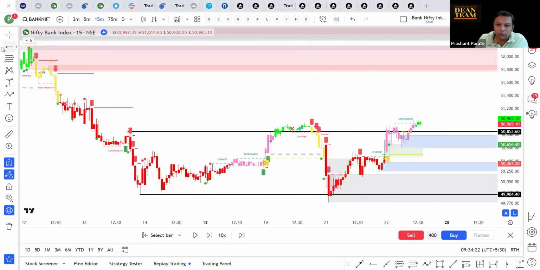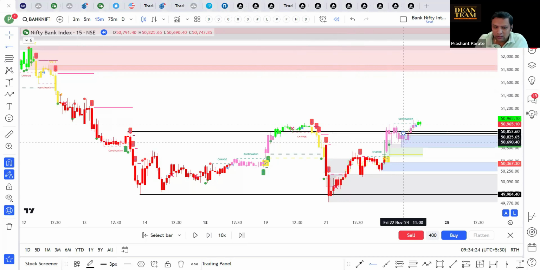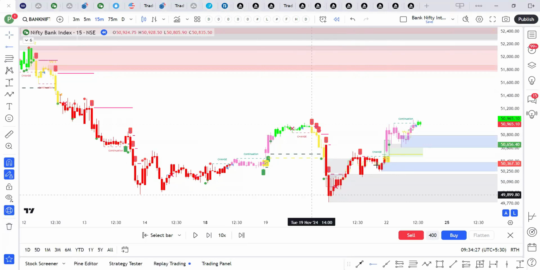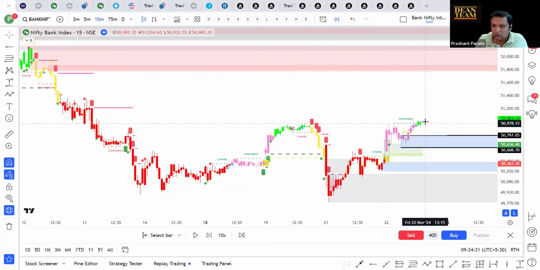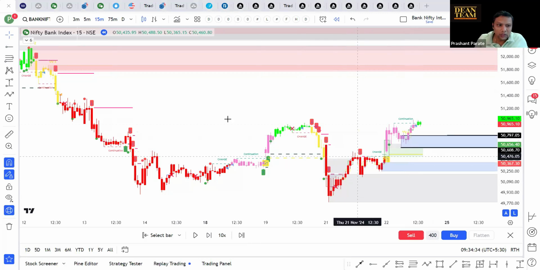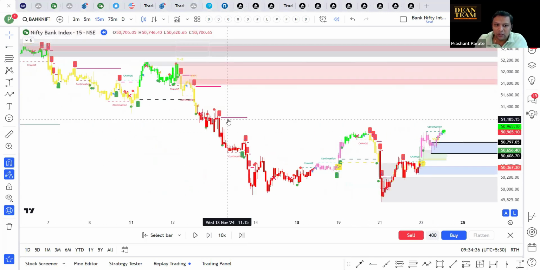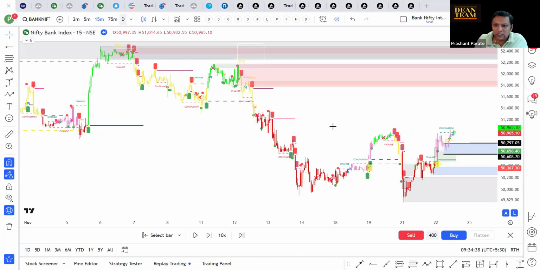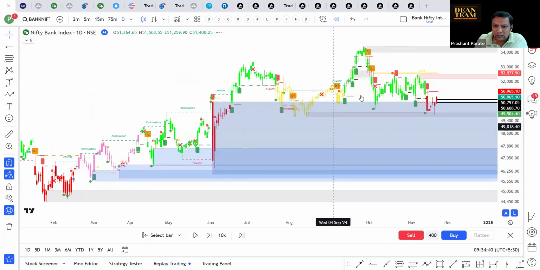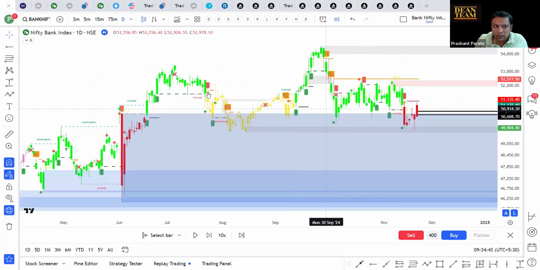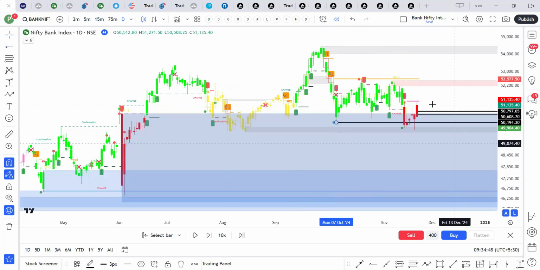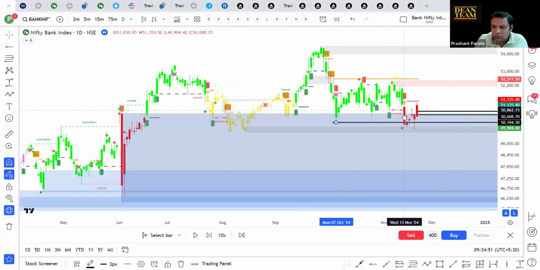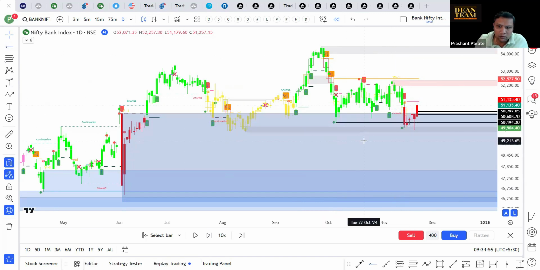Now, if you get an opportunity to buy here in this buying area and keep your stop loss below this, and if from here prices start moving in your direction, because what was expected on the daily chart is that prices fell very rapidly, they are likely to come down below this low. Once this happened, prices again came down with strong force, and as it is coming down with strong force, it is likely to fall below this.